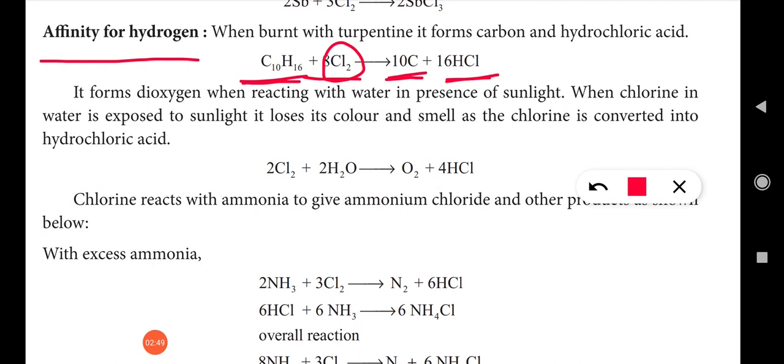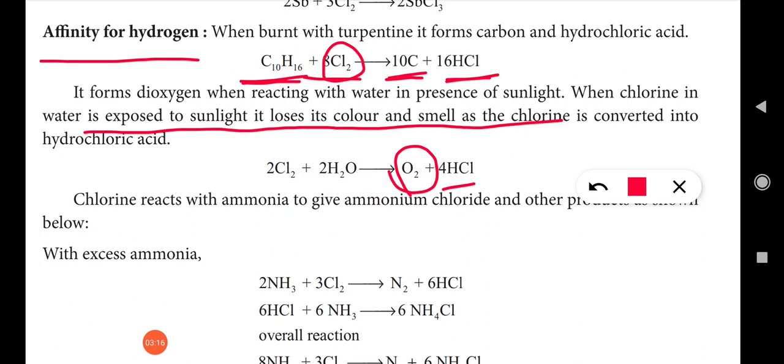Chlorine also forms dioxygen. Dioxygen means molecular oxygen. It forms dioxygen when reacting with water in the presence of sunlight. In the presence of sunlight, chlorine reacts with water to form dioxygen and hydrogen chloride or hydrochloric acid. When chlorine water is exposed to sunlight, it loses its color and smell as the chlorine is converted into hydrochloric acid.